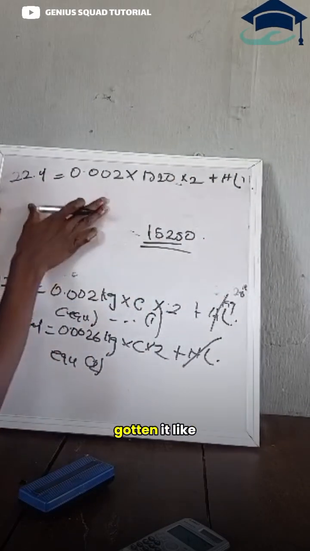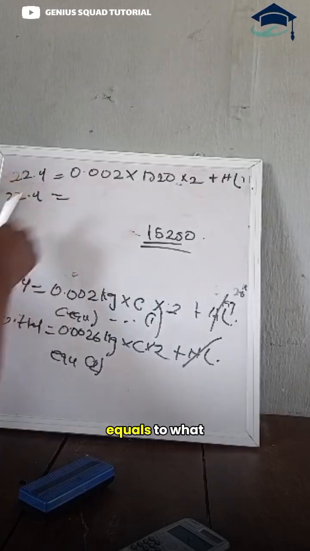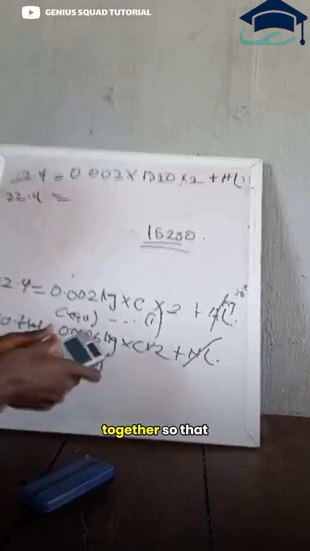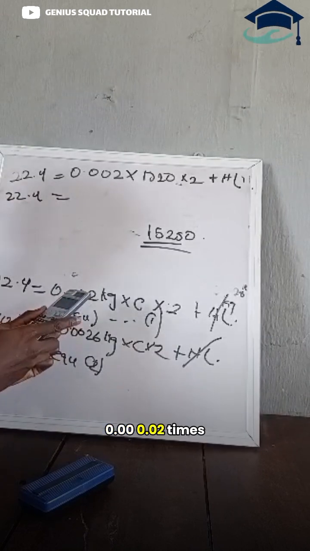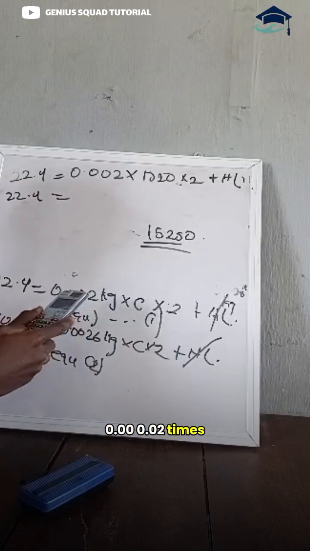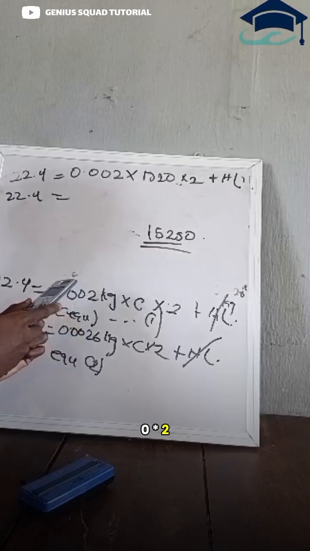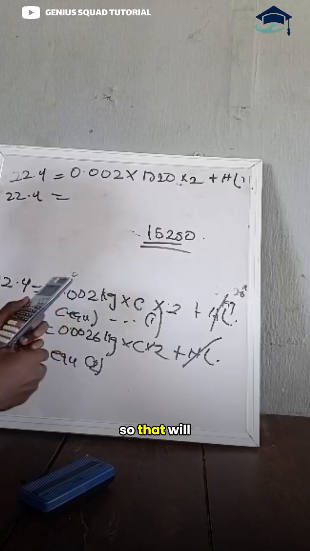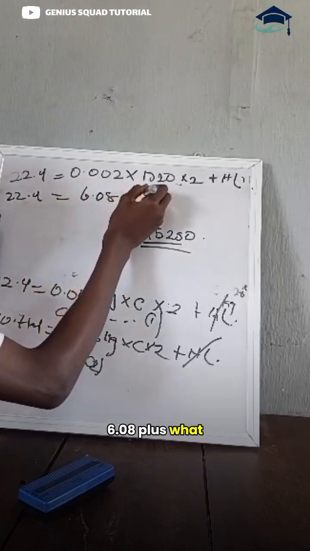So after I've already gotten it times 2 like this, then I'll now say 22.4 is equal to, multiply all this together, 0.002 times 1520 times 2. So that will be equals to 6.08 plus HL.